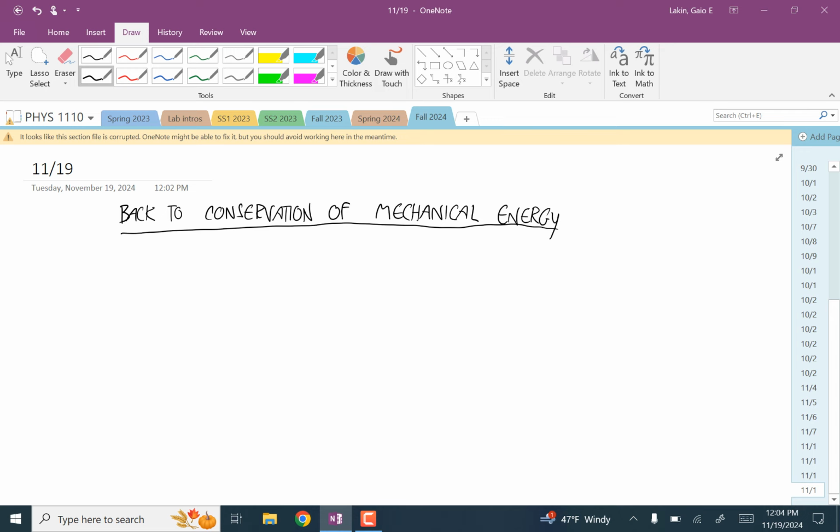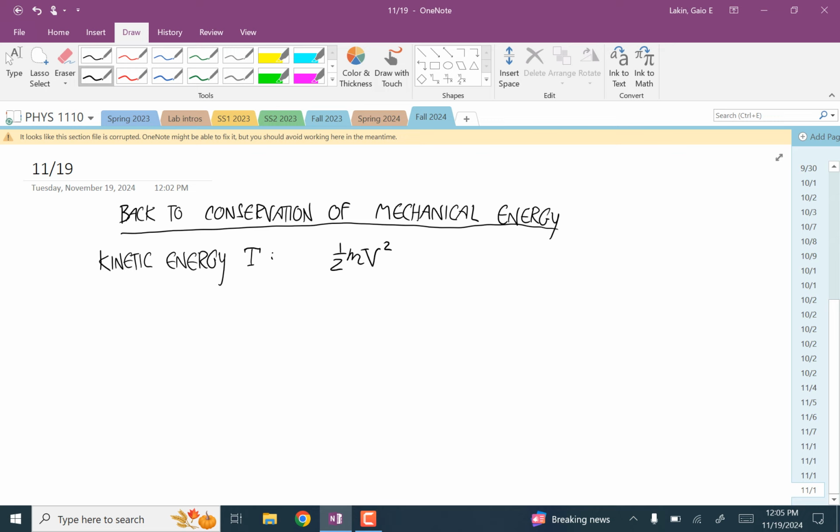And the two big things that we've defined so far were the kinetic energy, that's capital T, we call it. I'm not sure where that T comes from, but you only have so many letters you can use. And this is equal to 1/2 times the object's mass times the object's speed squared.